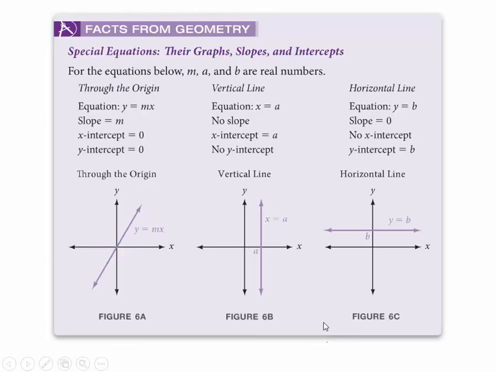Okay, and then there's a little summary here right at the end of this section. Same stuff that I had before, except additional things here. So not just the equation here, but now you have the slope, the x-intercept stated, the y-intercept stated. So what page is this on? 182.